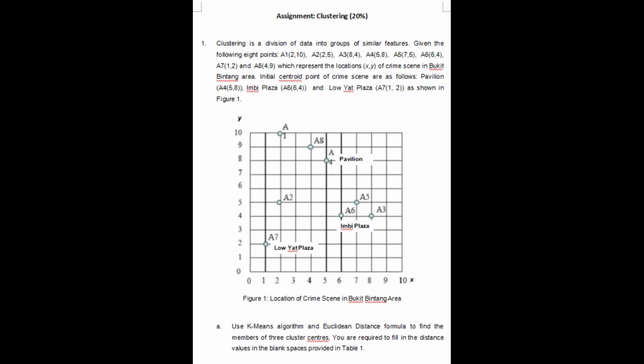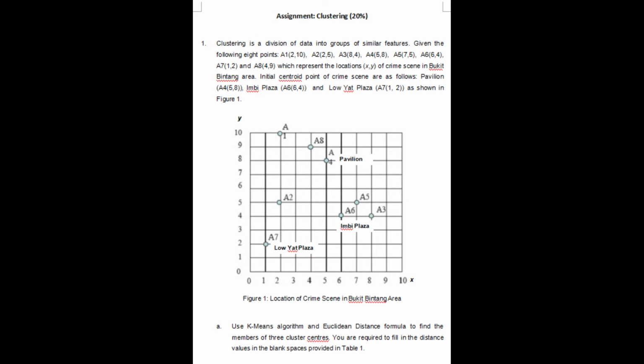Initial centroid points of crime scene are as follows: Pavilion, that is A4, Imbi Plaza for point A6, and Loyak Plaza A7 as shown in figure 1.